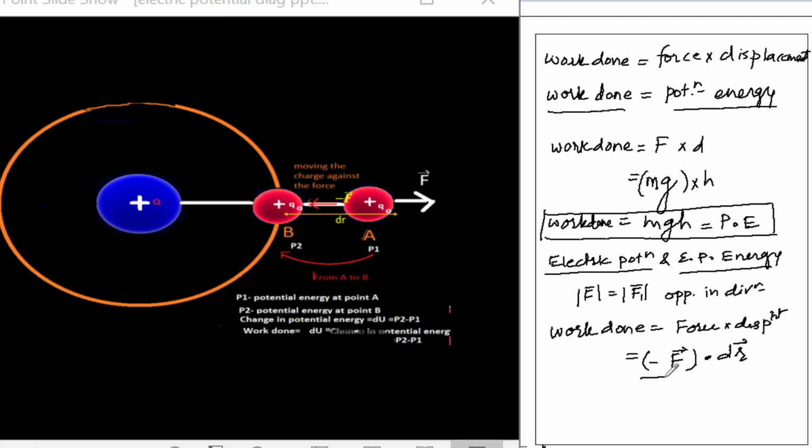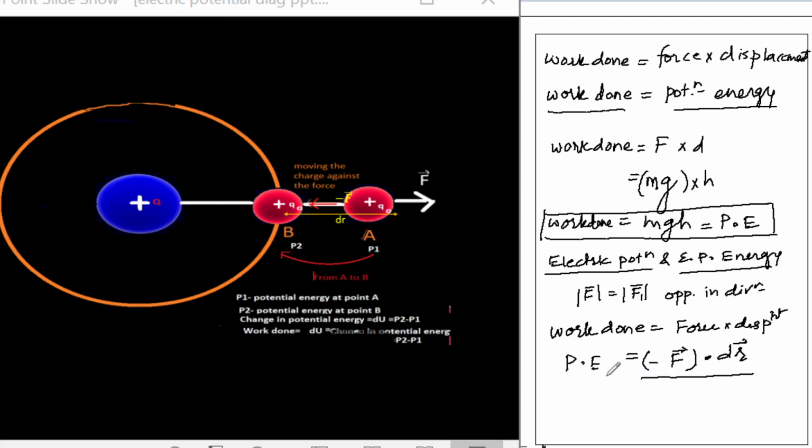So what is it actually? In the first case we saw that force into displacement is work done, and that is equal to potential energy. So here also we can write that it is equal to potential energy, isn't it?